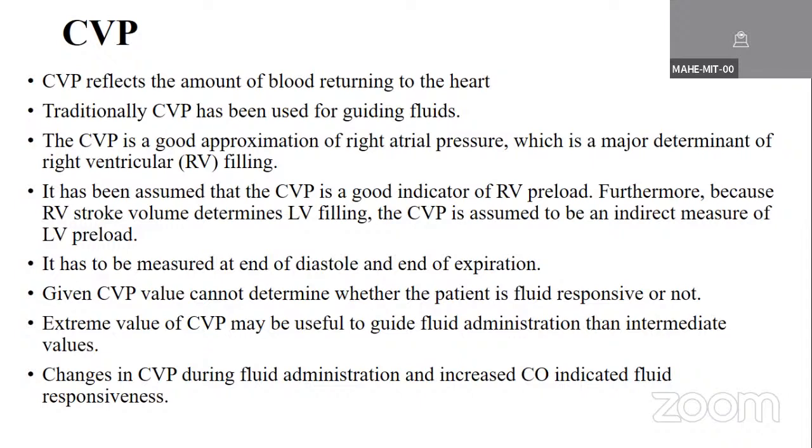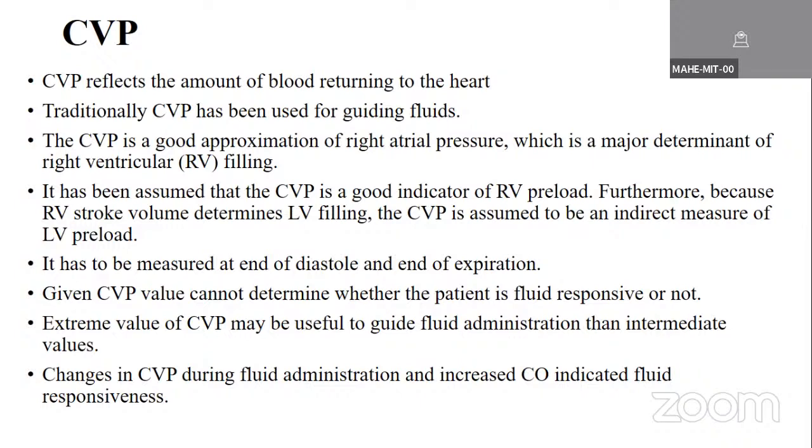So CVP is a good indicator of RV preload, and this RV preload predicts LV filling as well. So CVP is assumed to be an indirect measurement of LV preload, that is LV end diastolic volume. It is best and optimal to measure it at the end of diastole and end of expiration.